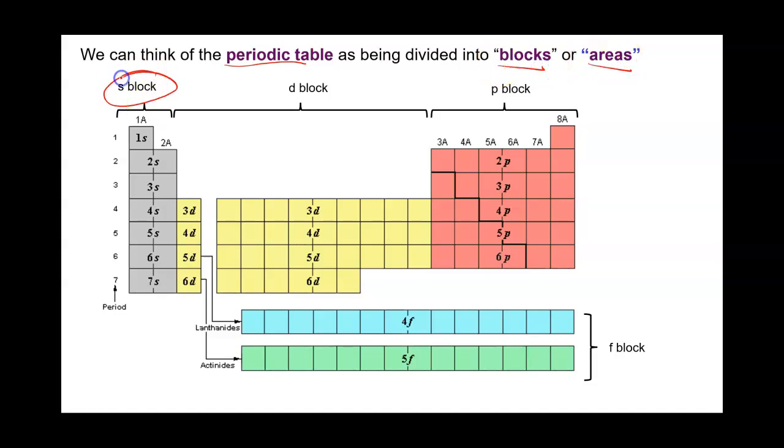The first 2 columns on the far left we call the S block. The 6 columns on the far right we call the P block. 10 columns in the middle of the periodic table we call the D block, and the 2 rows each containing 14 columns below the periodic table we call the F block.